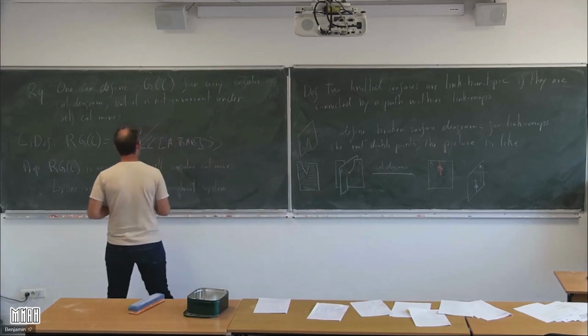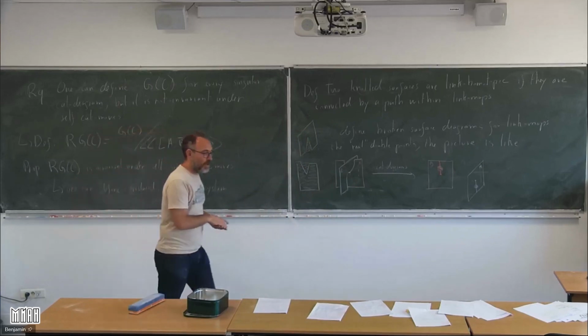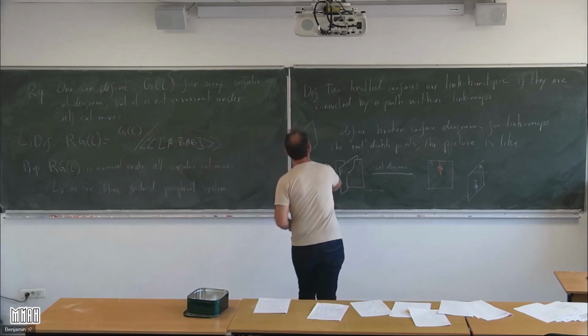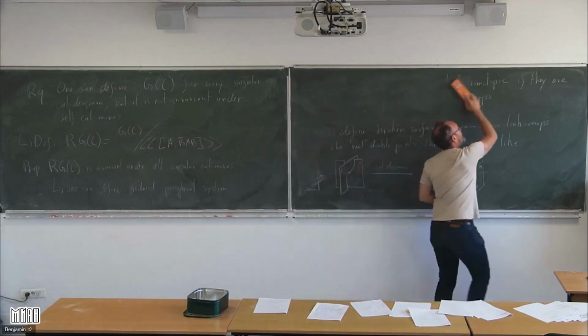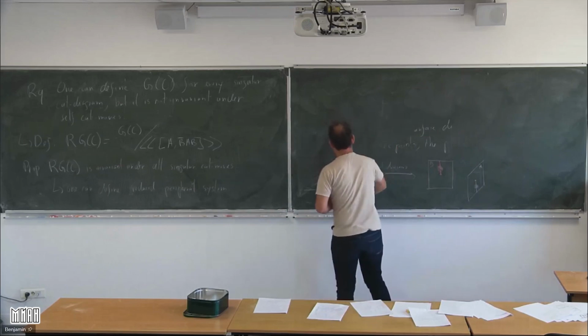Now, this map is not well defined anymore up to this quotient, but there is a version of the Magnus expansion for the case of a reduced free group.